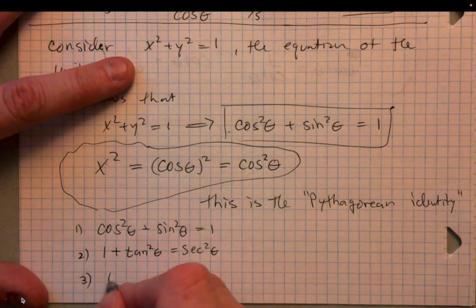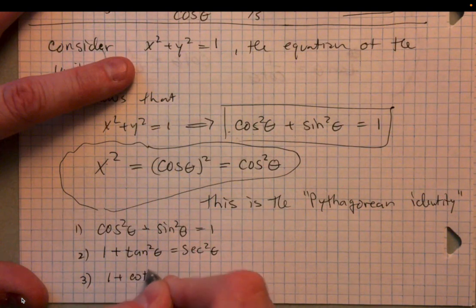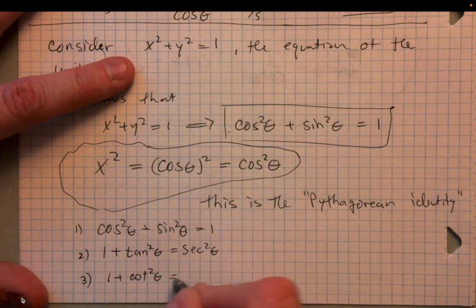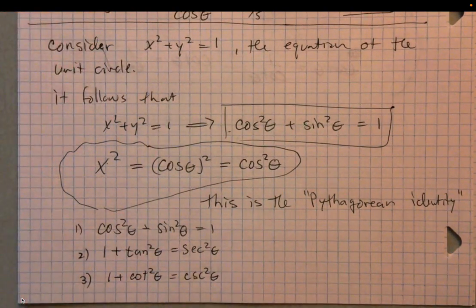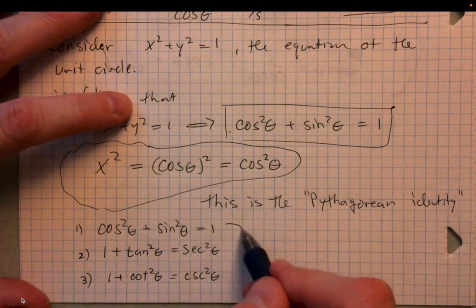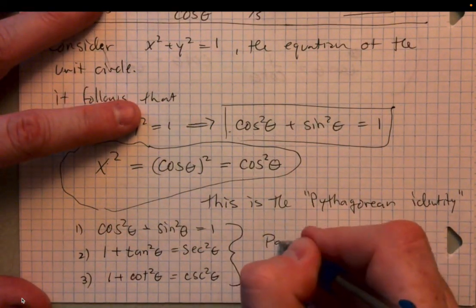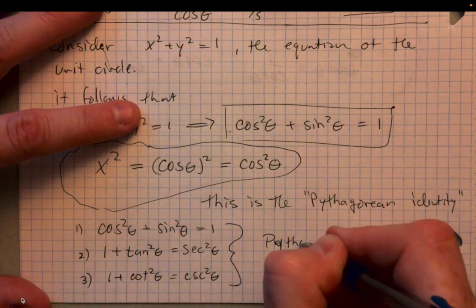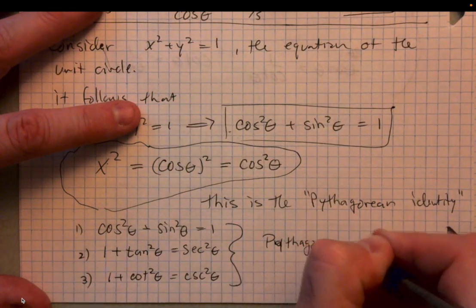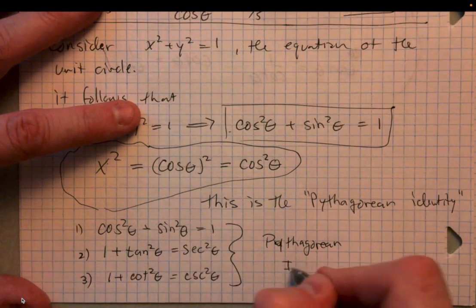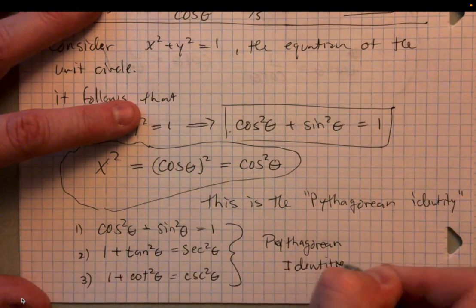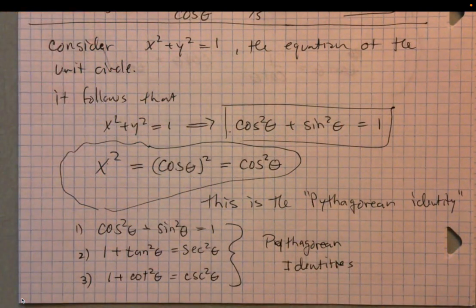So it says 1 plus cotangent squared theta is equal to cosecant squared theta. Right, so these 3 comprise the Pythagorean identities. Okay.